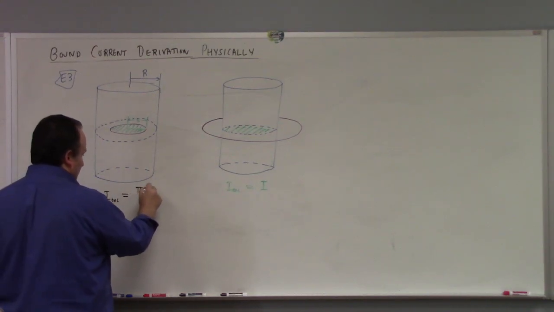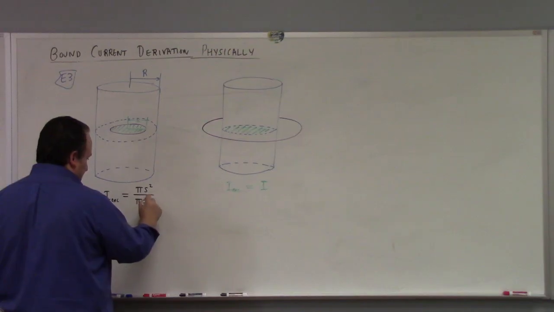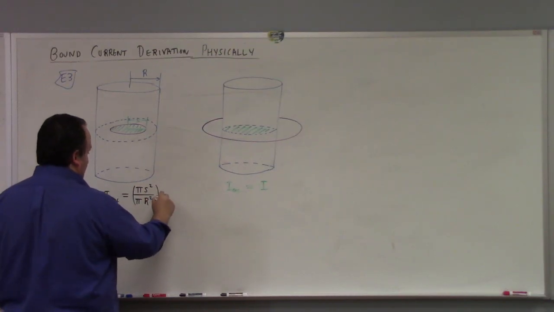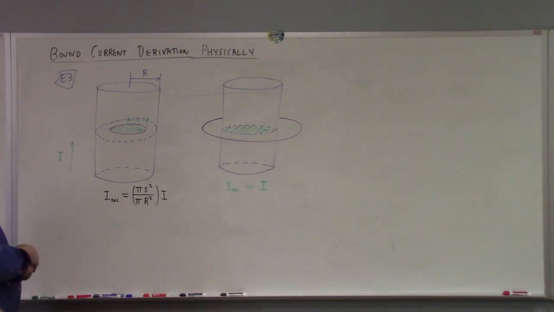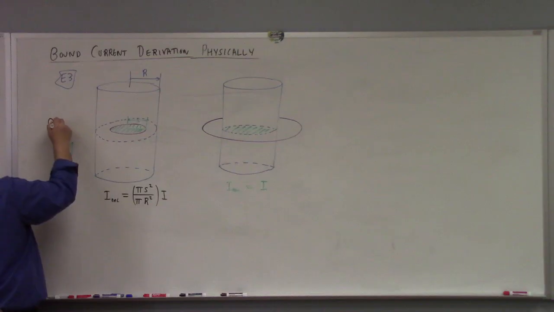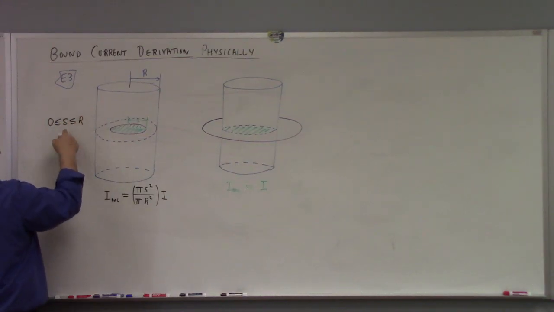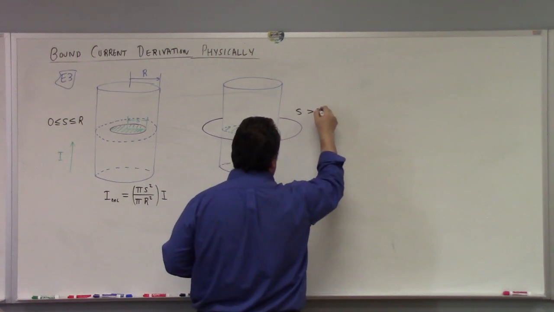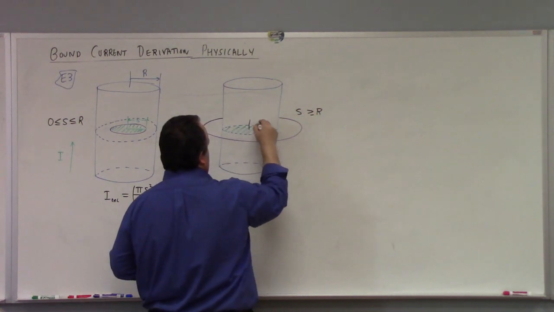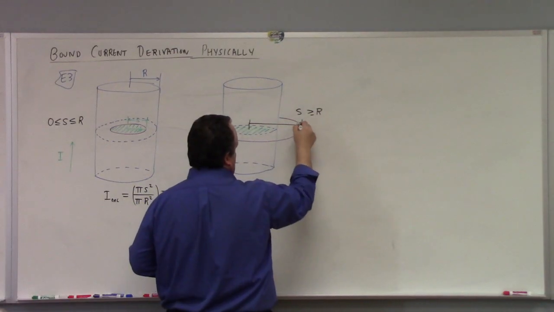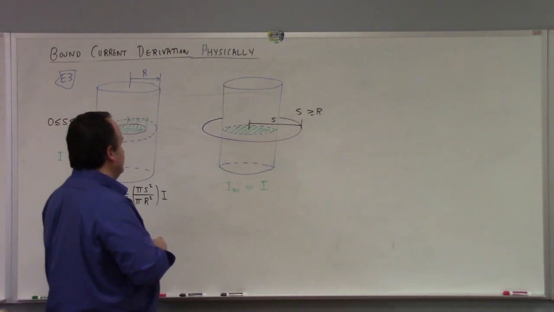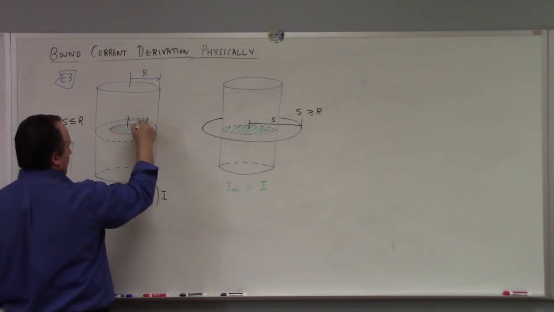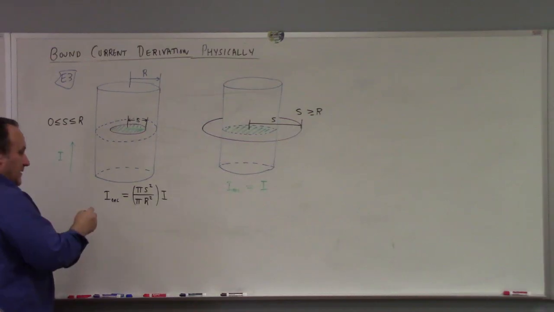We got pi s squared divided by pi r squared. That fraction, that portion of the total current, is enclosed by that Amperian loop. Now here we've got 0 less than or equal to s less than or equal to r for this case. And over here, we're talking about s greater than or equal to r. And so again, s is here, whereas s was here.